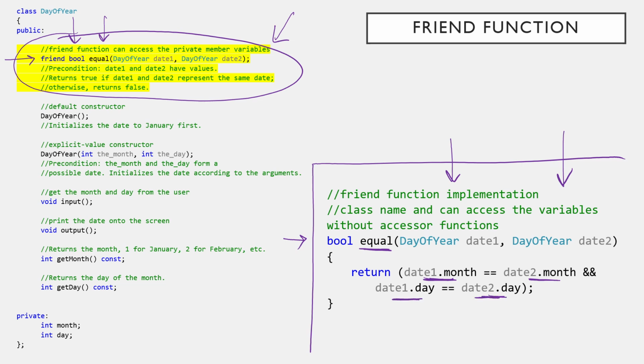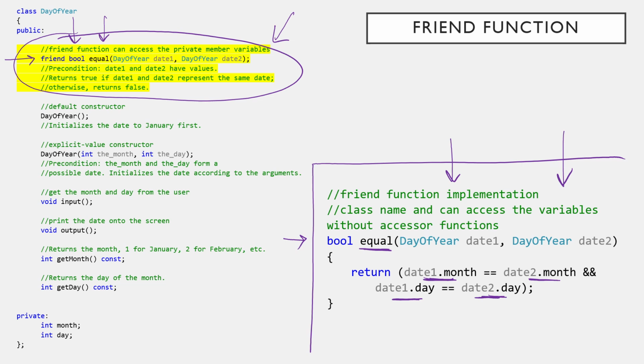So you want to use friend functions or non-member functions if you're going to be manipulating or comparing or doing any kind of data with more than one object. You would use member functions if you're only working with one object of type DayOfYear.